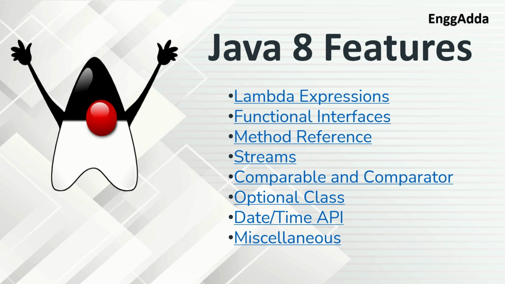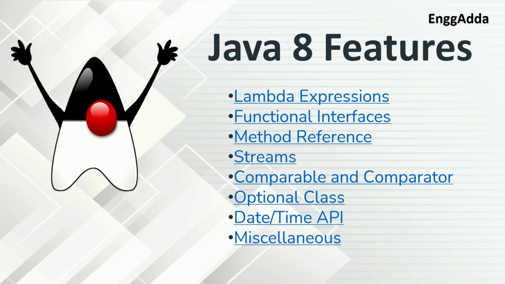So this is about the introduction of the Java 8 features, and in upcoming videos I am going to pick up one feature at a time and discuss it in a very descriptive way through real implementation.